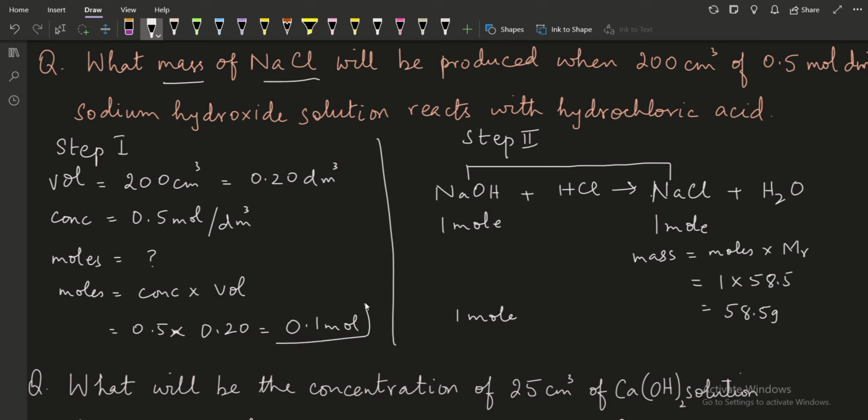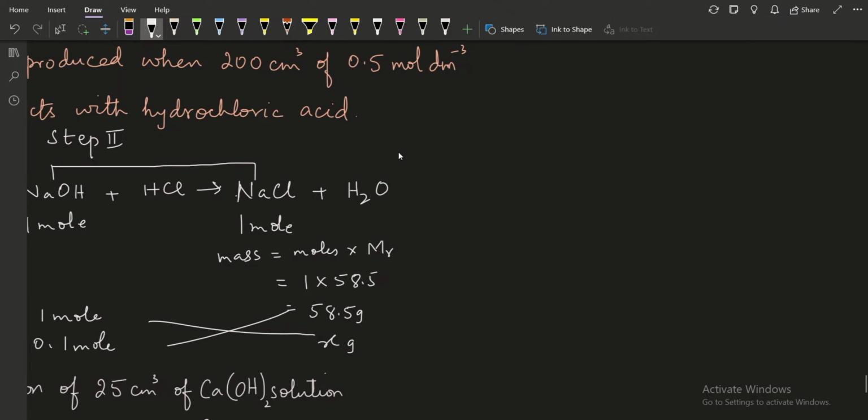Then what about this much mole, 0.1 mole? It will produce how many grams of NaCl? We just cross multiply and find the value of X. X will be equal to 0.1 multiplied by 58.5.